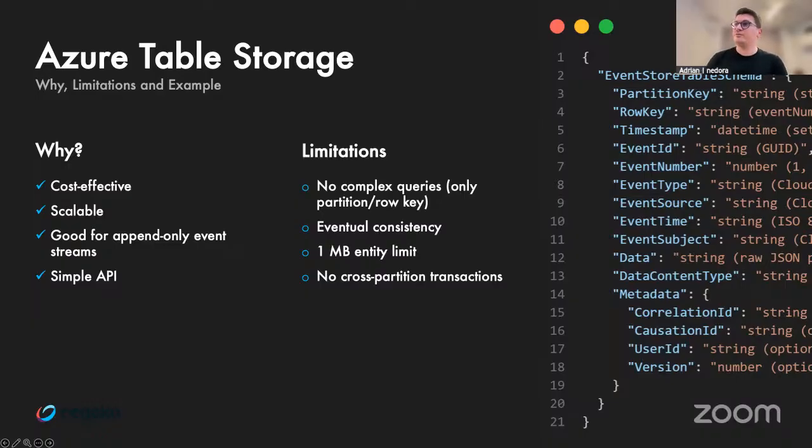And we have one question every time we choose a store: how do we want to query our data? In this case, we have a partition key and a row key, and the data is very easily accessible. It's a very good fit for append-only event streams, where you mostly write new events and read them back by a key or maybe by an event stream.